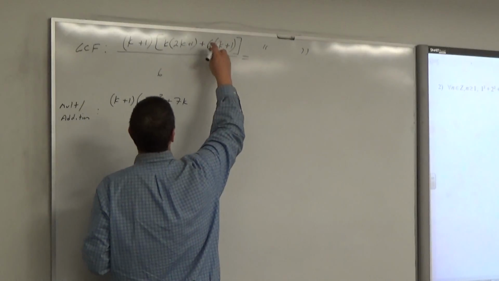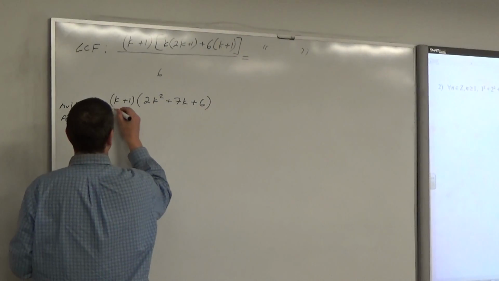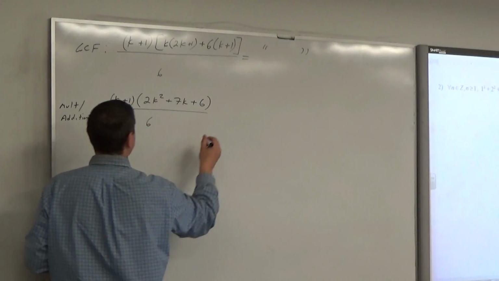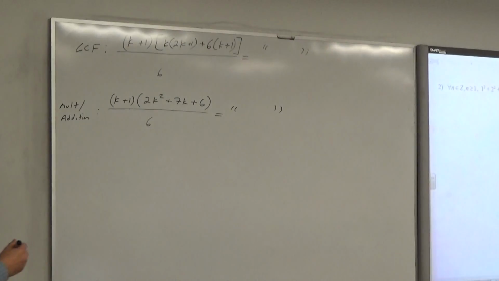And then I just have 6 times 1, which is a 6, all divided by 6. Like I say, guys, we usually don't like to do that, but in this case, it's unfortunately the only way that we can go with this. Is everyone okay with how I FOILed that out and collected like terms? I just started with distribution and collection.